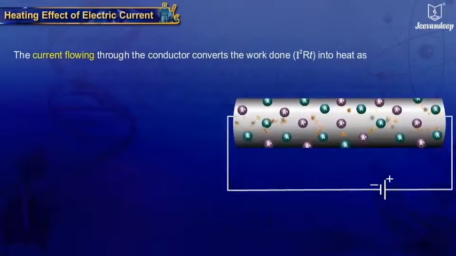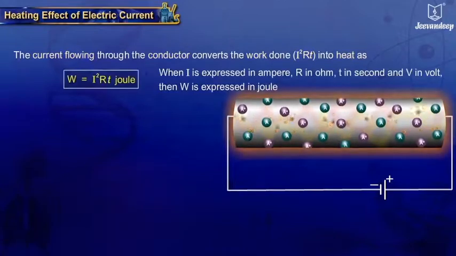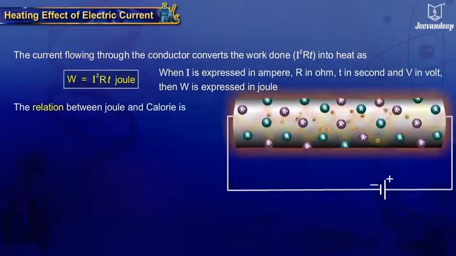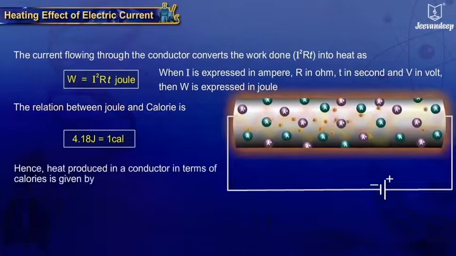The current flowing through the conductor converts the work done, I square RT, into heat, which can be calculated as W equals I square RT joule. The relation between joule and calorie is 4.18 joule equals 1 calorie.